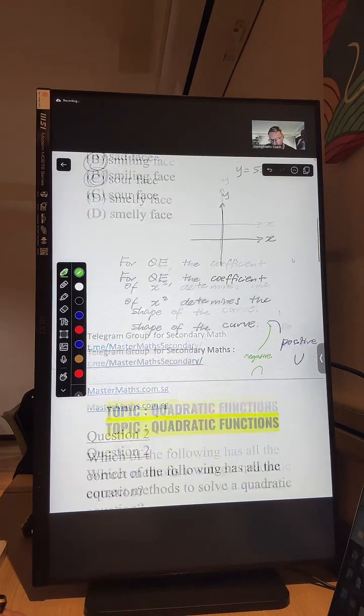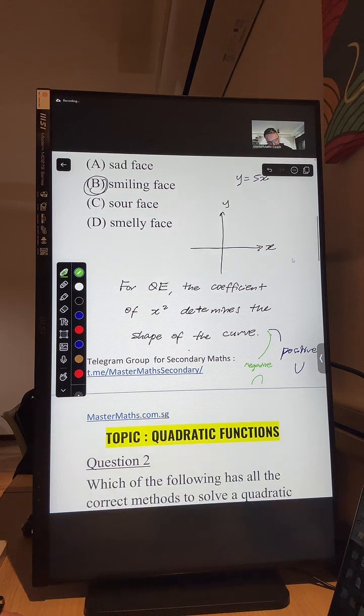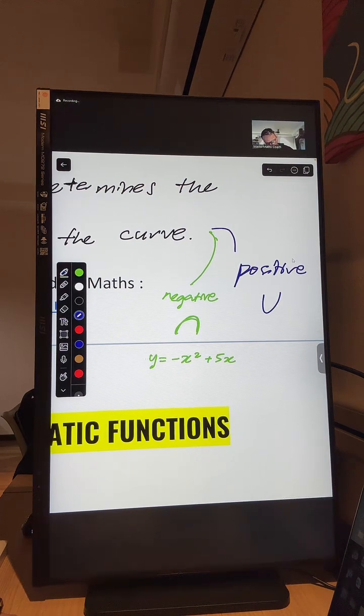So sad face. For instance, let's say y equals negative x square plus 5x. This is going to be your sad face. But if you have y equals 2x square plus 3x plus 7, this is going to be your smiley face.